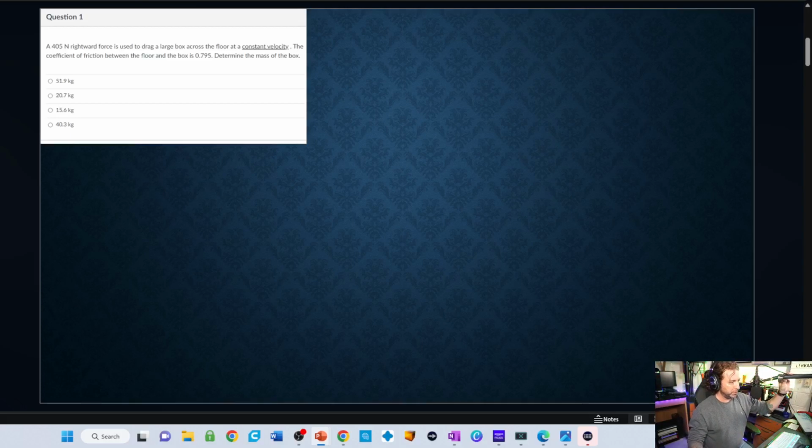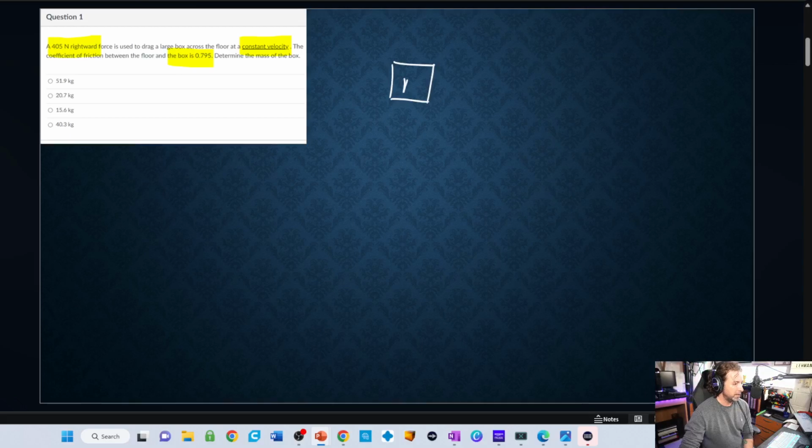What I am going to do is kind of highlight some stuff here first. So we know a 405 rightward force. We know it's moving at a constant velocity. And the coefficient of friction between the box and the floor is 0.795. So the first thing that we should do is draw our free body diagram.